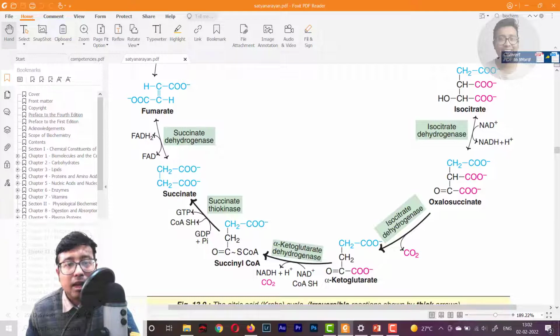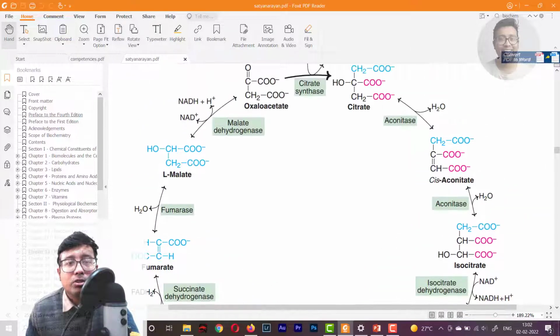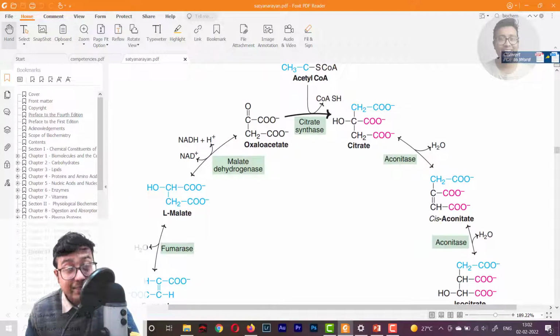These 3 steps are irreversible. In these steps, you need to know what the enzymes involved are, what the reactants are and what the products are. There is no question of knowing reversing enzymes. We are not trying to reverse the citric acid cycle, at least in undergraduate.